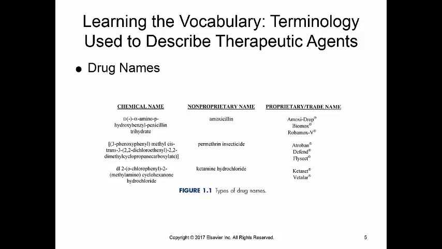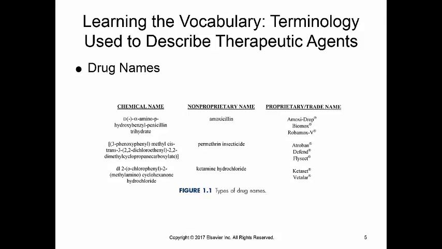If we're recording in a medical record, it is very important that we would know that, say for amoxicillin, if we're writing down Amoxi-Drop, that we're actually using that and not something like Biomox instead. Because that would be very important if we have an adverse reaction, to know which manufacturer made it.